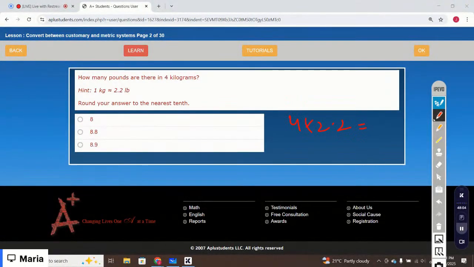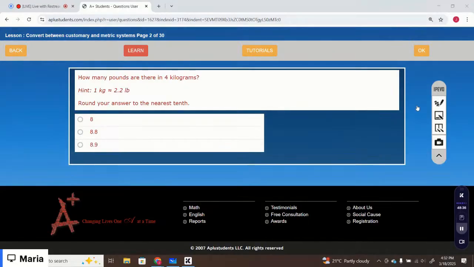That is 8.8, it is, right? So the correct option is 8.8 pounds.